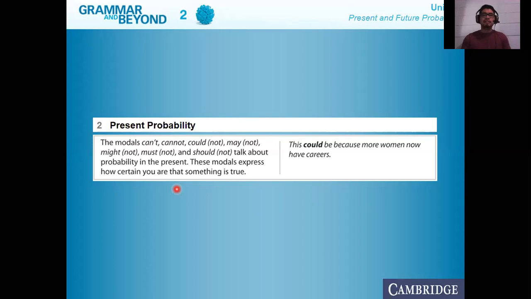Here we have, this could be because more women now have careers. So pay attention to this. This could be because more women now have careers. This is a guess that somebody is making. This is a 50-50 chance. For example, imagine that you're in the context of an office, and in the office, you see that more women are starting to work than men.